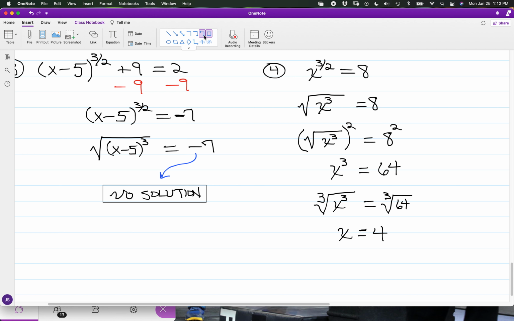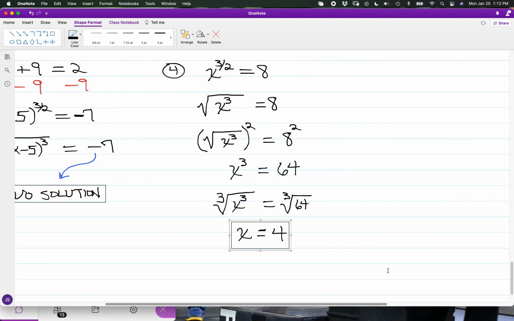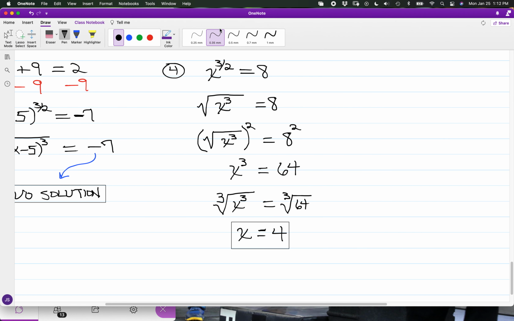All right, and now in this case, it's going to be where the square root property of equality can come in. Say we have x plus 5 raised to the 2/3 set equal to 4.